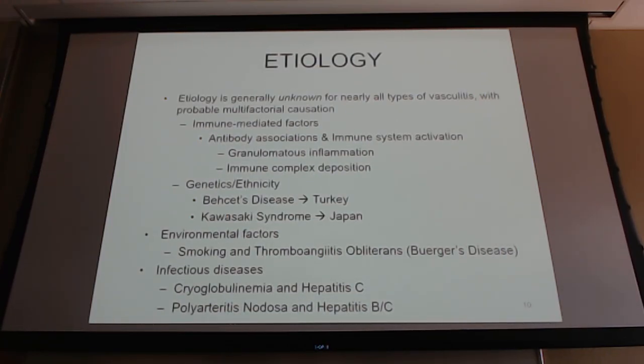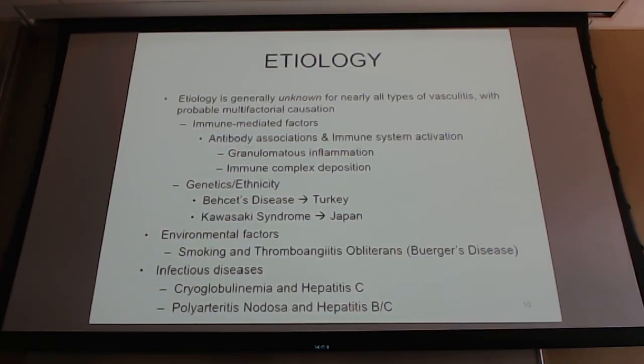Etiology is generally unknown for nearly all types of vasculitis. Why is it there? We don't know. With probable multifactorial causation, so it could be some other thing that is happening. Immune-mediated factors, right? So antibody associated because of that immune system activation.